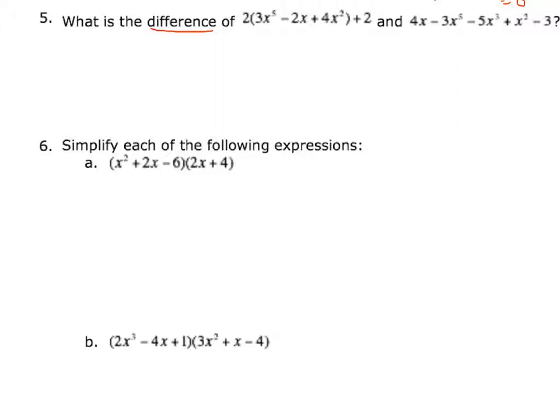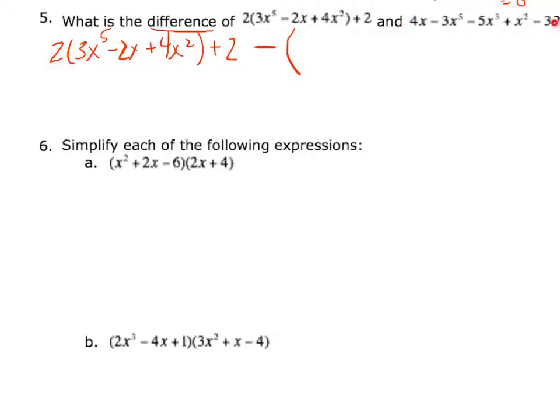Alright, now when you're working with something like number 5, there's a couple ways to approach it, but a good first step is to write out your first term. And then it says difference, so we want to subtract this whole second term over here.